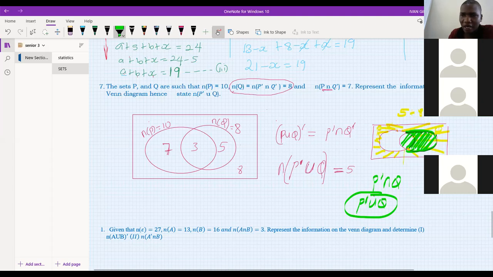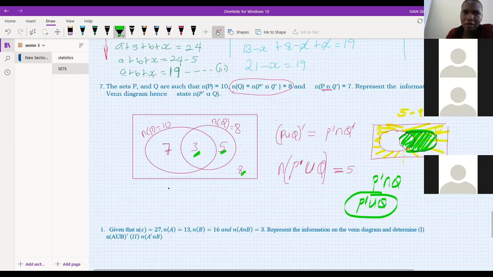Do we get it? Yes. So according to our Venn diagram, we're going to state all elements that correspond to this region. The region that has been shaded, green and yellow. Any region that has been shaded represents P complement union Q. Now that means that according to this, we have 3, we have 5, we have 8. All these ones are in the region P complement union Q. Is that okay?